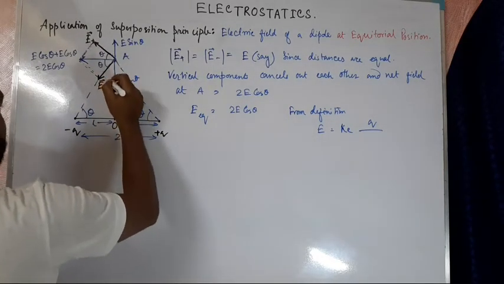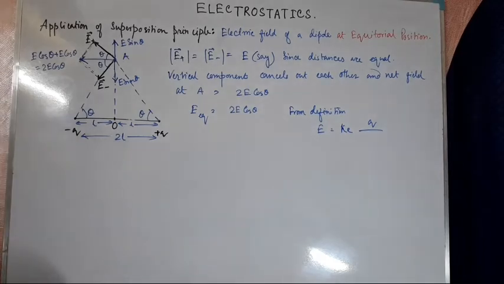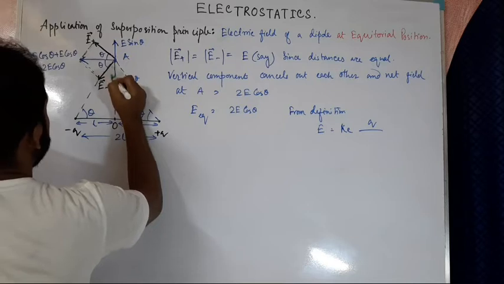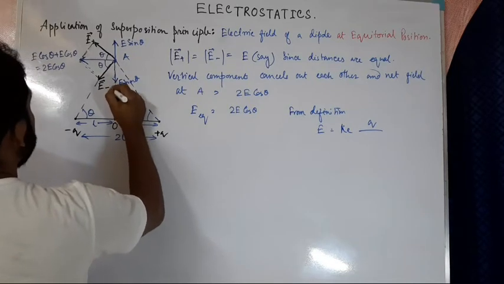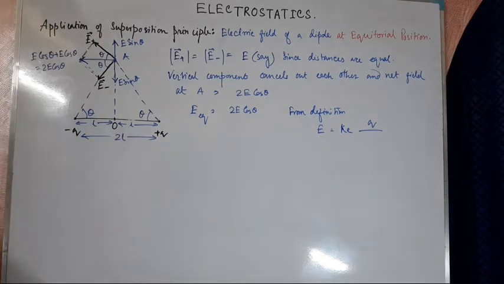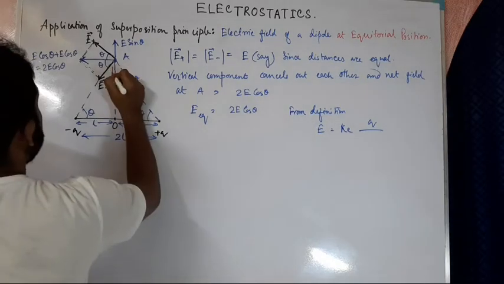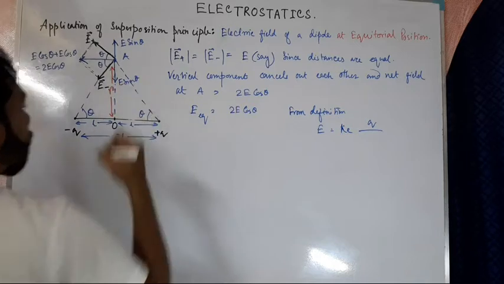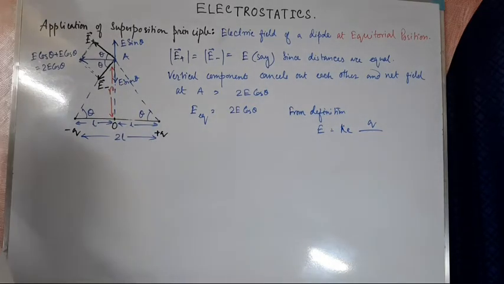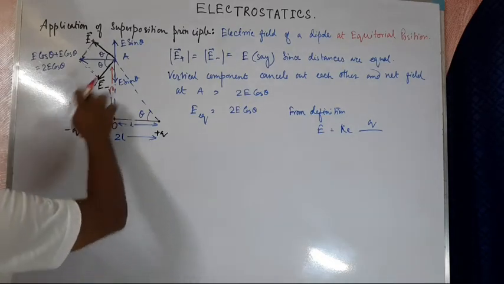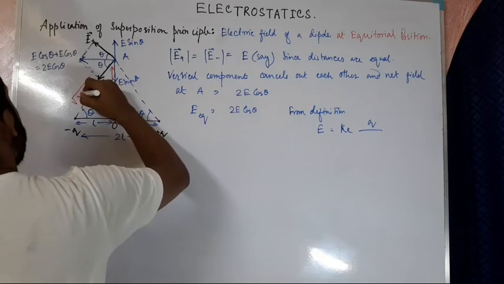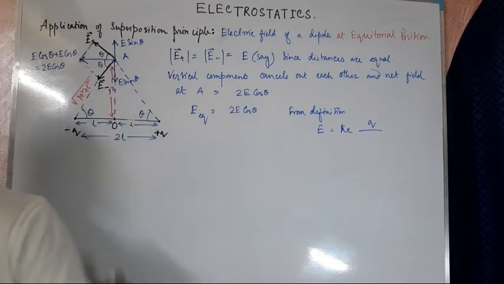Let this distance be R, and this distance is L. So that distance will be root over R square plus L square.